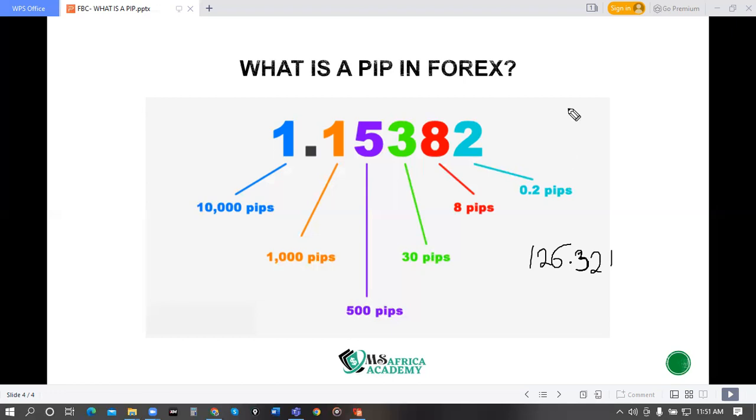So let's say that you're taking a trade and you enter at this value, all right? And now say we want to do a buy in euro yen. Sorry, let's say euro USD, because we are first looking at this 5 decimal places. And I say our take profit is going to be 83 pips away.